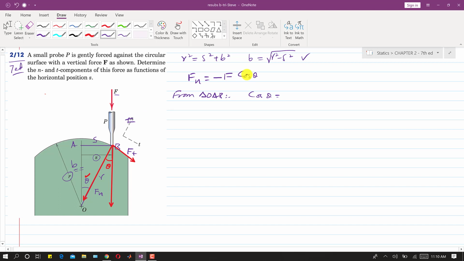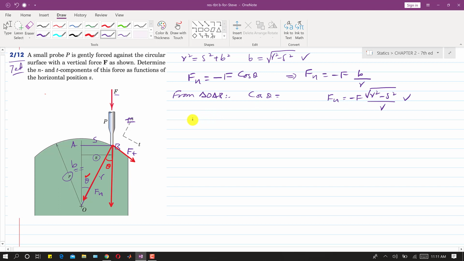Base is B and hypotenuse is R. So F of N is minus F times the square root of R square minus S square, divided by R, right? So this is F of N.